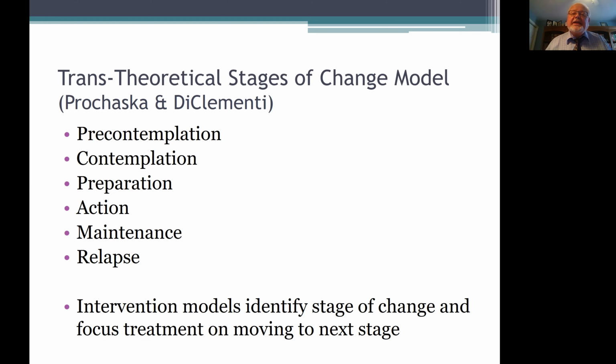Or if a person is saying, I'm concerned about my drug use, but I'm not sure I'm ready to do anything about it, which seems to be a preparation stage, you may want to ask them, what do you need to think about in order to move yourself towards being ready to do something, which is an action stage.